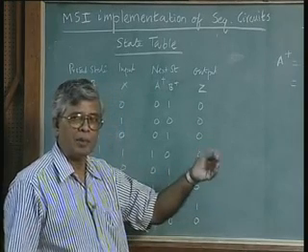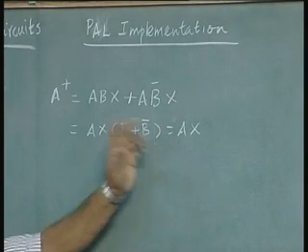So, in one of the combinational gates, if you can get A X, I can get A plus.